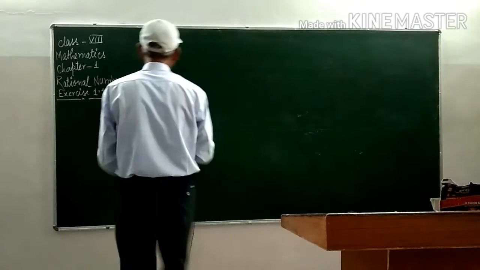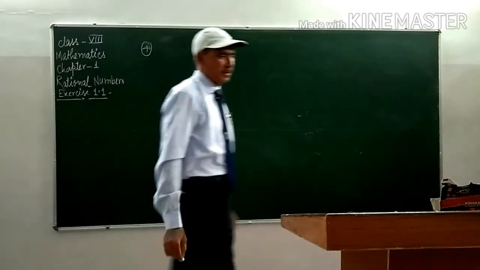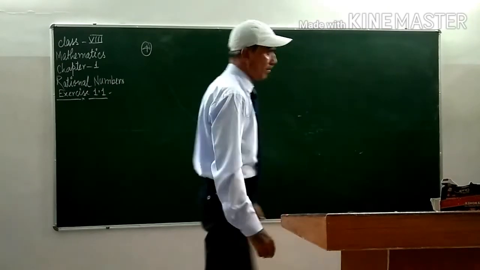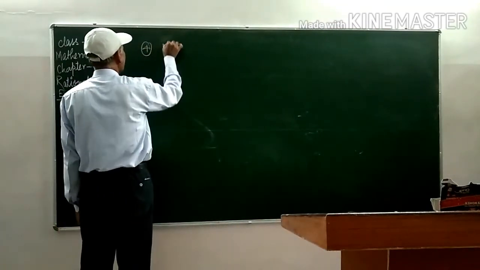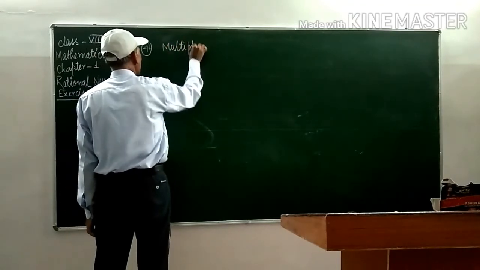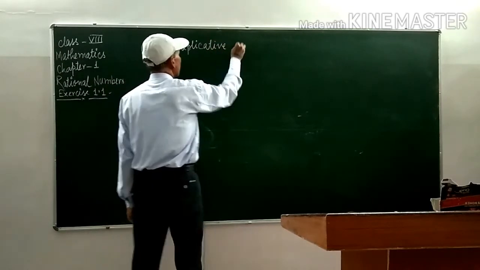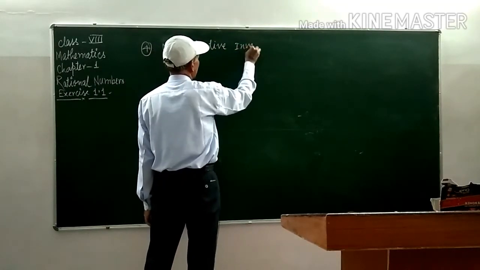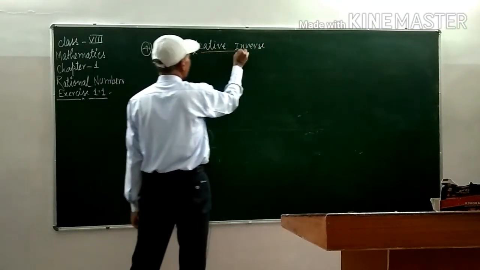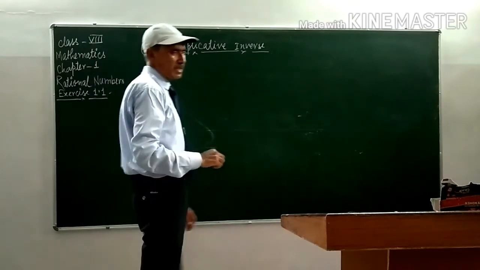Okay student, question number 4. Find the multiplicative inverse of the following numbers. We have to find out the multiplicative inverse of the given number. What is the first number student?